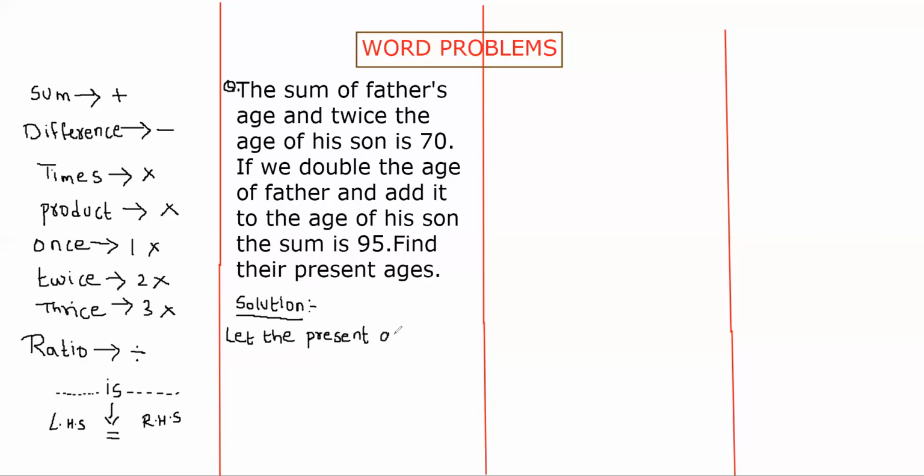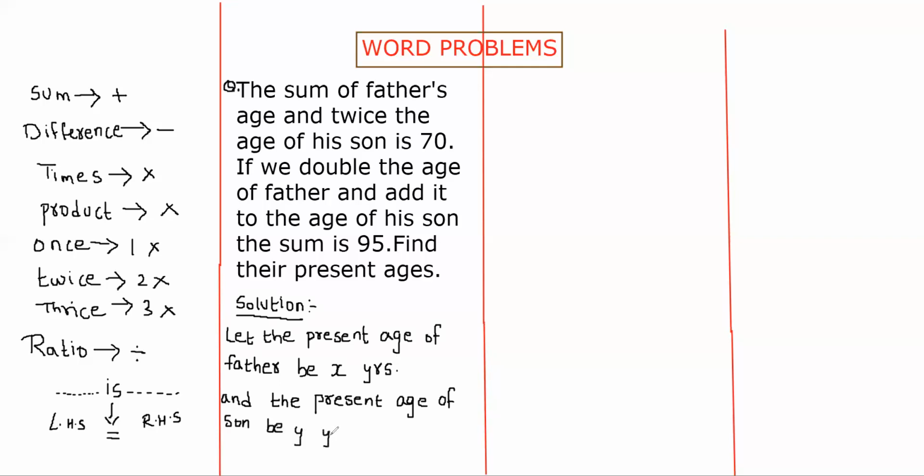Our first step: let the present age of father be x years. Now in the ages sum, students, normally we get the condition as some years hence or some years ago. Here we don't have such condition. Years we can also represent as YRS, and the present age of son be y years.